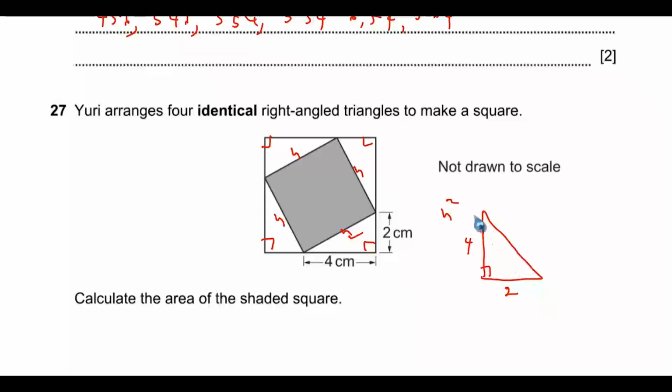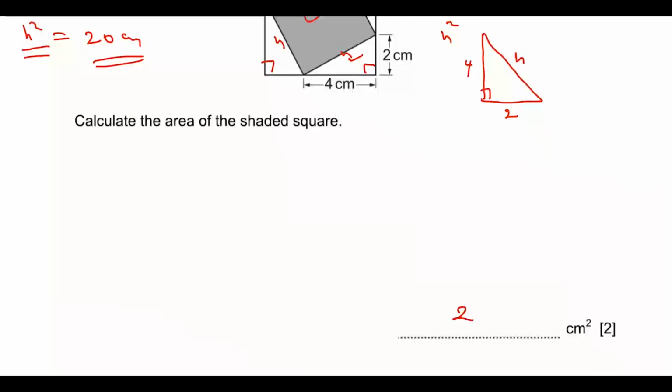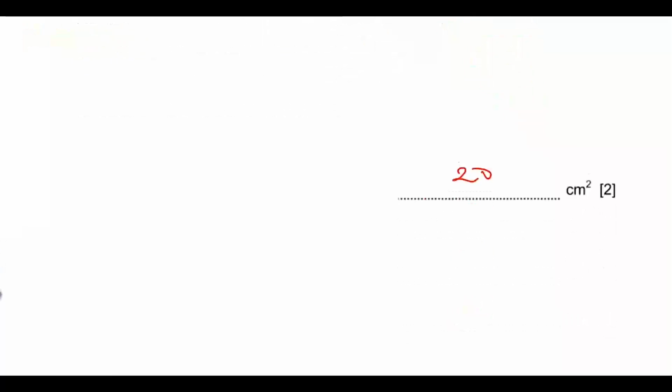Let's find the hypotenuse. So h squared equals 2 squared plus 4 squared. So h squared equals 2 times 2, 4, plus 4 times 4, 16. So h squared is equal to 20 centimeters squared. There's no need to find the square root because we need h squared, which is the area of this shaded square. So that is 20 centimeters squared. That will be the answer to this question.